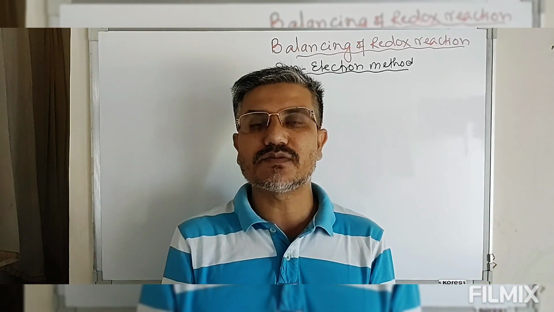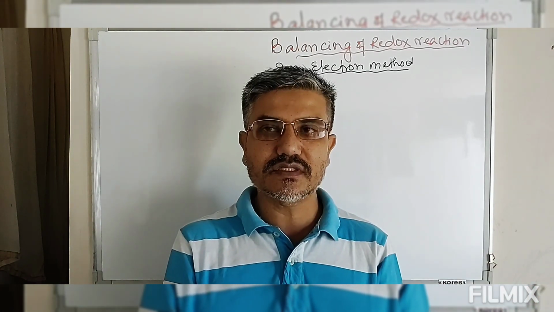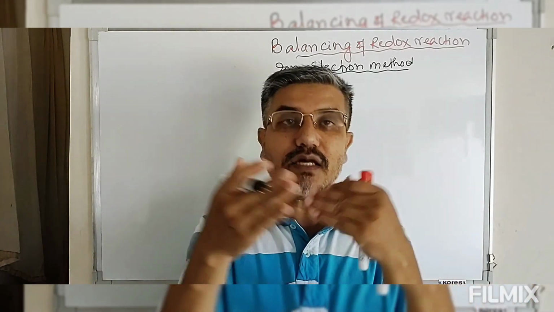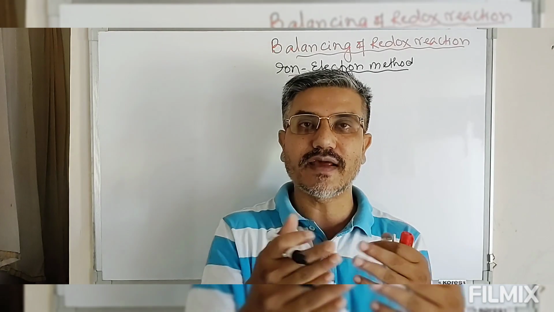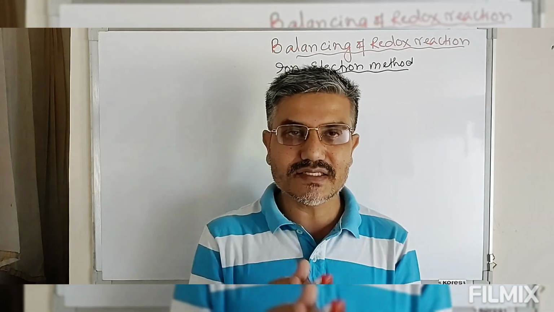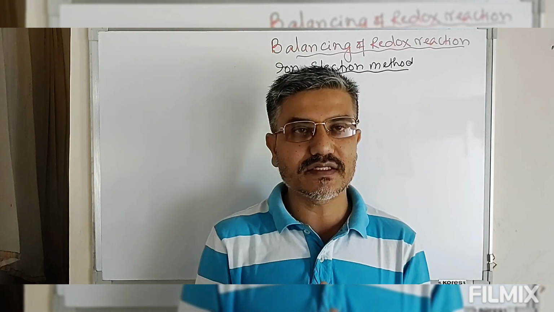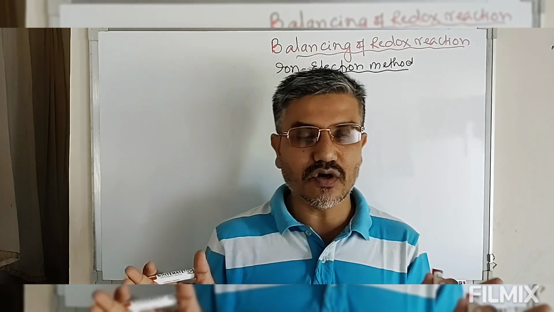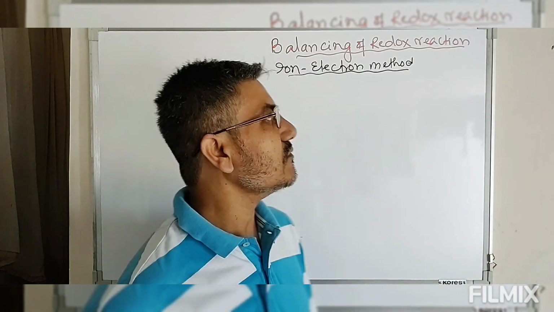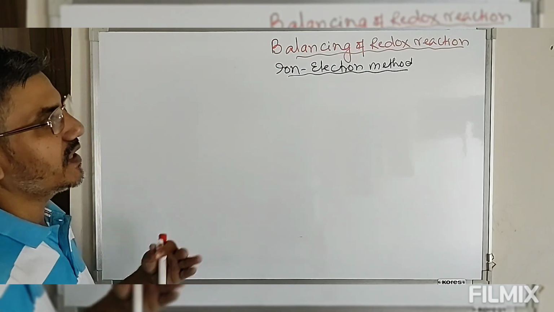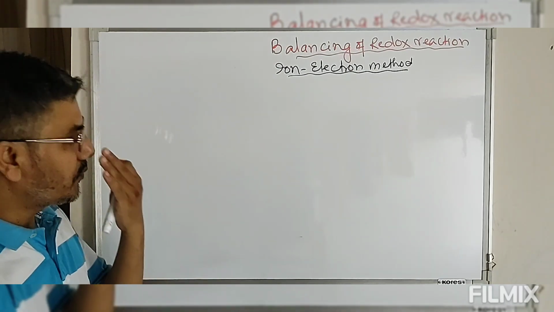We will balance both the half reactions. After balancing both the half reactions, we will add up these two reactions to give you the final balanced reaction, and this is the most accurate way to balance a redox chemical reaction. So there is no chance of any mistake in balancing of a redox reaction. So we have this ion electron method for balancing of a redox chemical process.